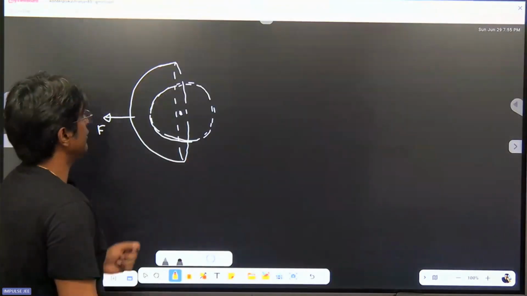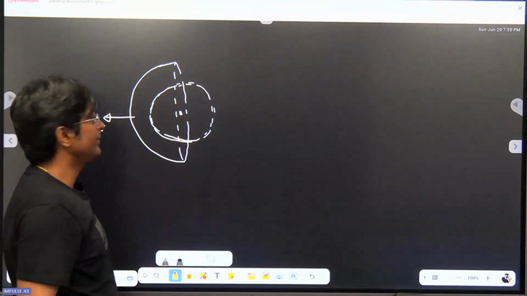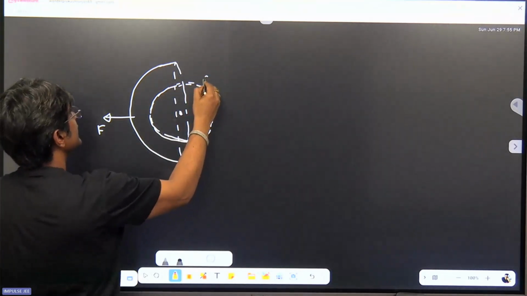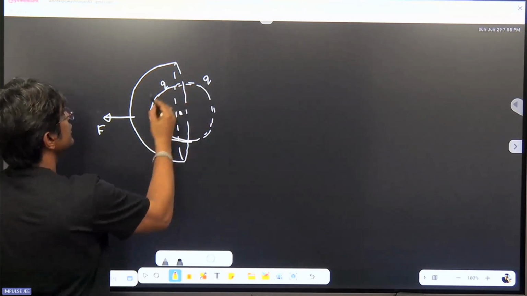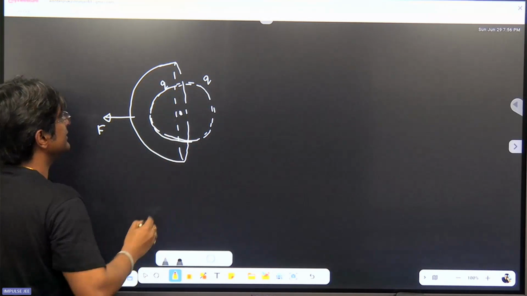So we need to calculate this 2F value by assuming a complete inner sphere. Here the charge was given as q, so we assume another q, which makes the total charge on the inner sphere 2q.